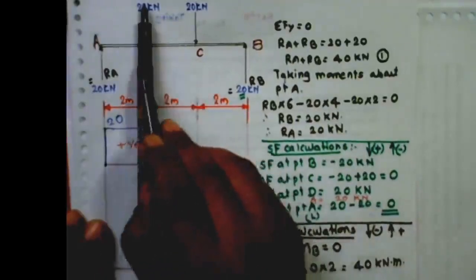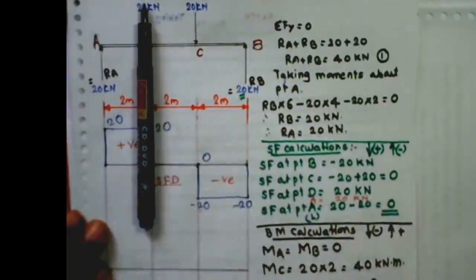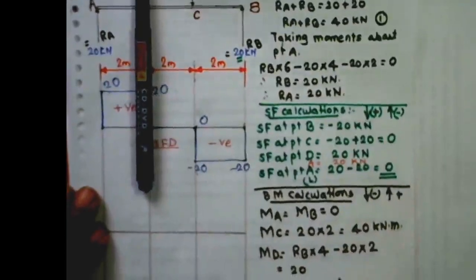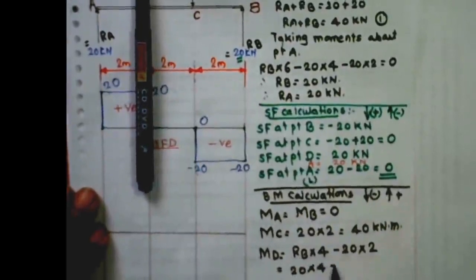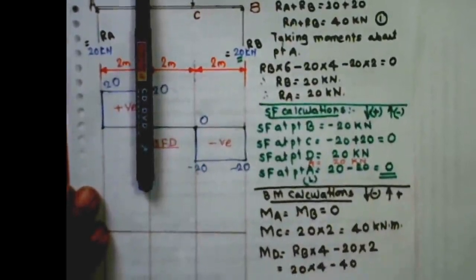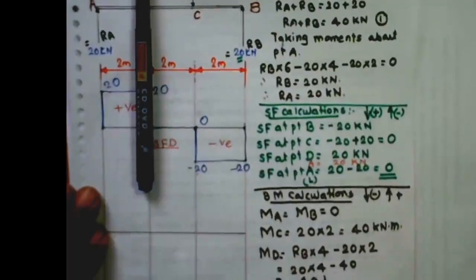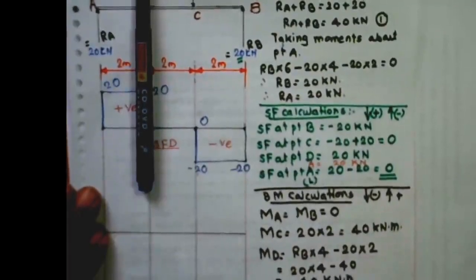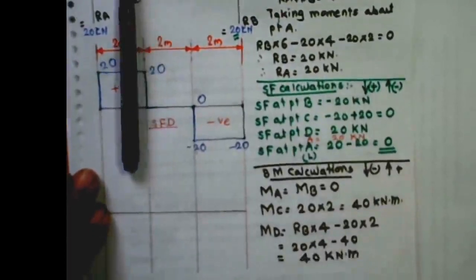This force 20 is distance into 2. So RB is equal to 20. RB is equal to 20 into 4 minus 40. So in that case again you will get 40 kilonewton meter bending moment at point D.